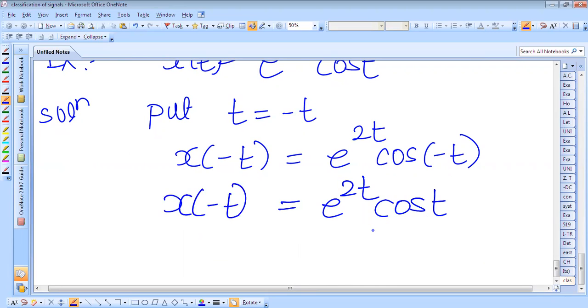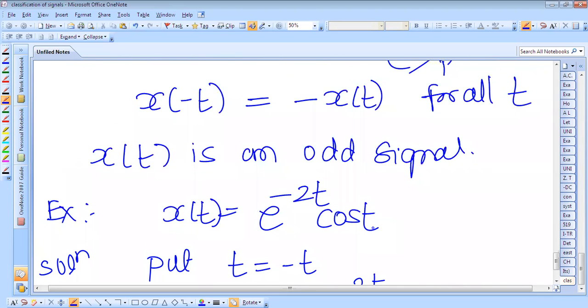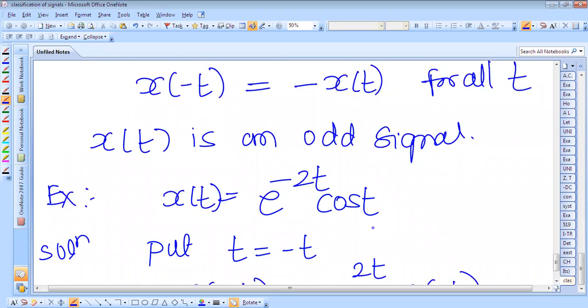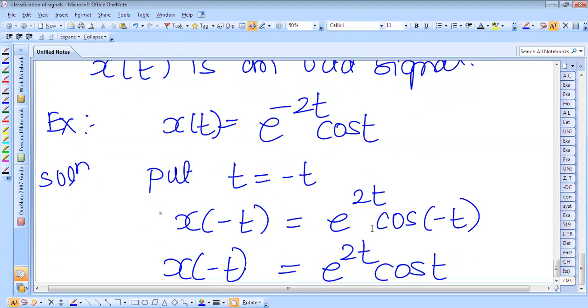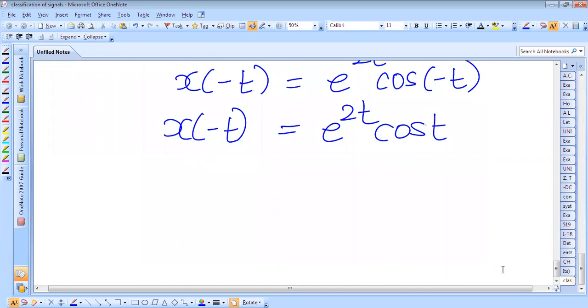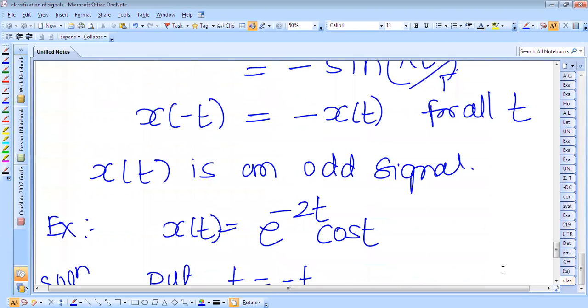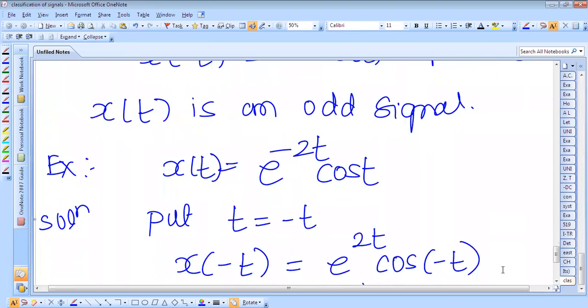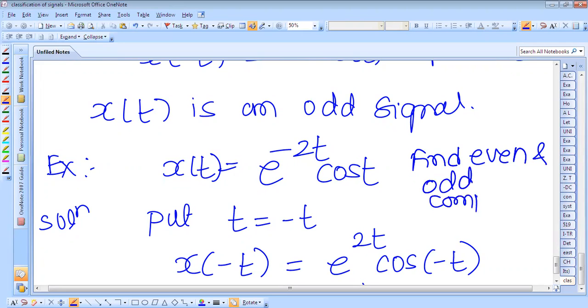Now actually this function is given, x of t is this, and we have to find the even and odd component of x of t.